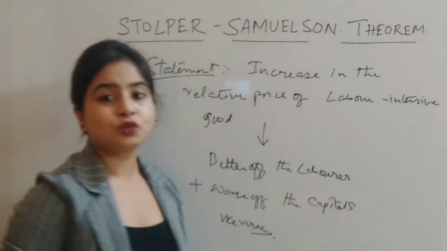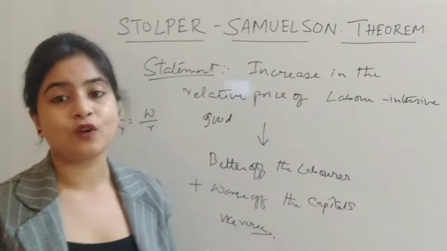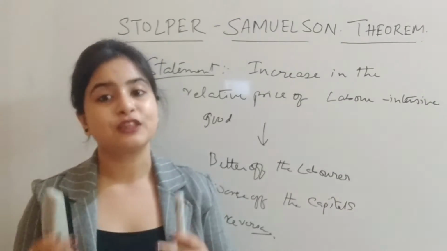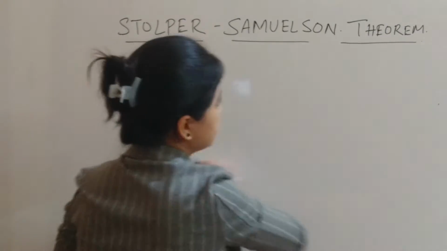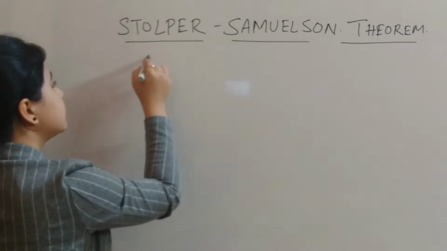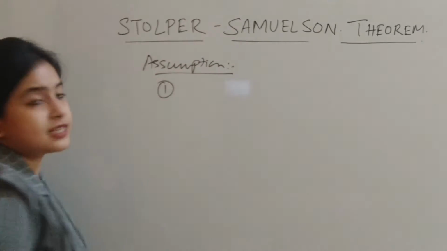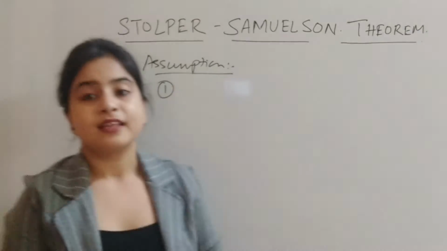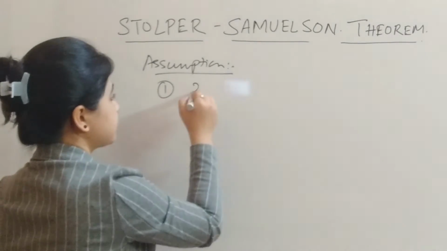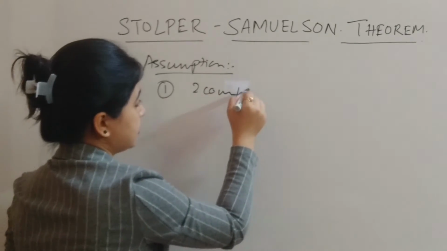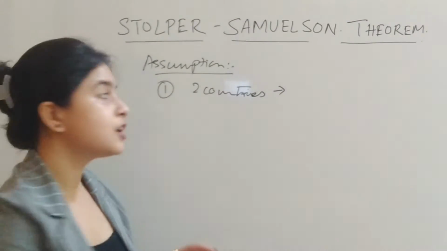Okay, now moving on to the assumptions that have been taken up by Stolper-Samuelson in order to explain the theorem. Starting with assumption number 1. The first assumption says that let us suppose that in the world there are only 2 countries, and they are producing 2 commodities.